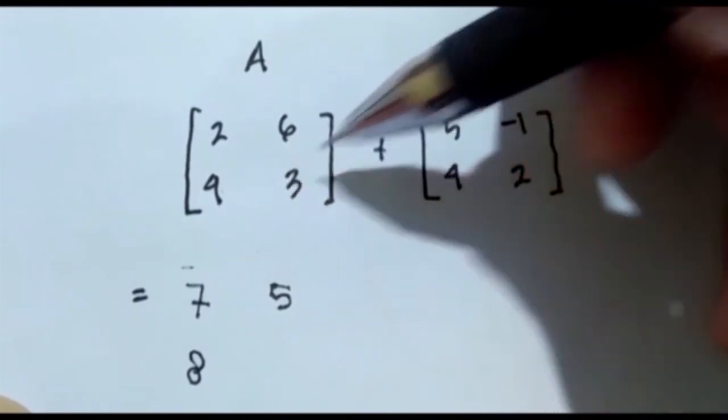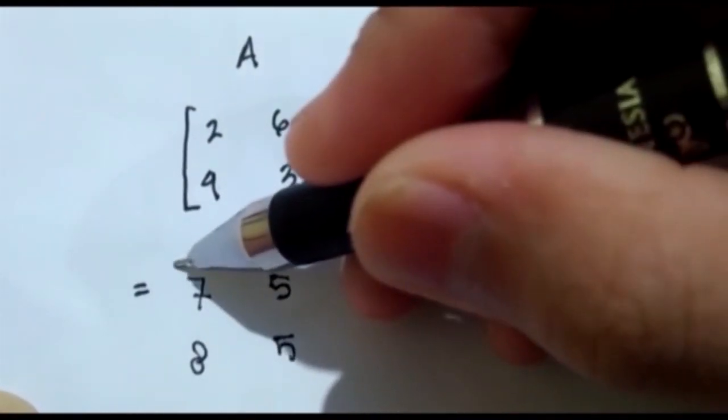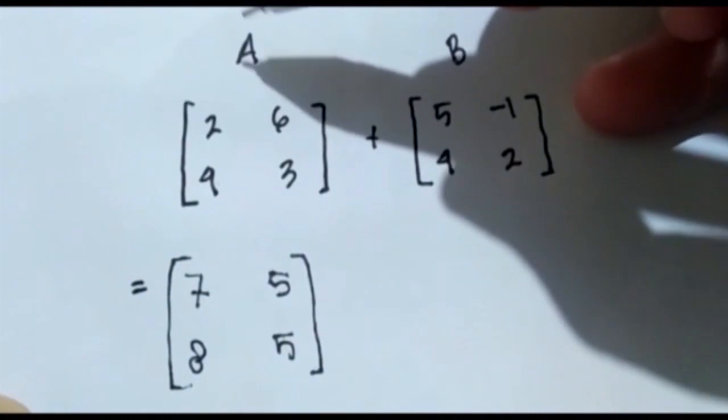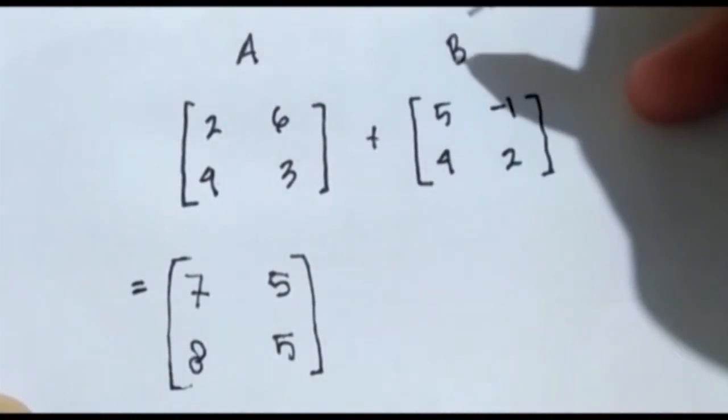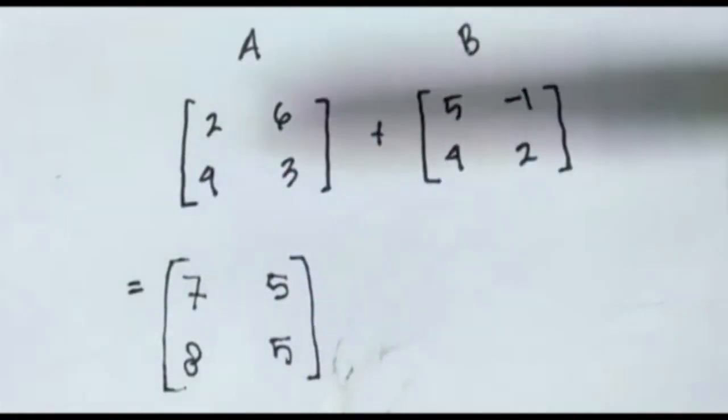And 3 plus 2, the sum is 5. And the answer from the sum of matrix A and matrix B is 7, 5, 8, 5.